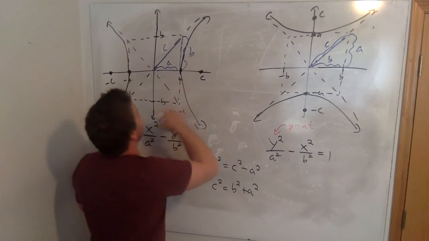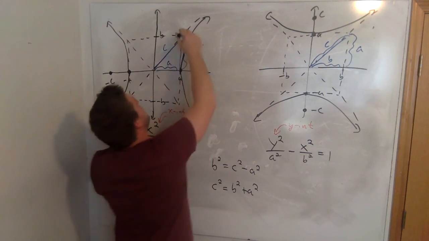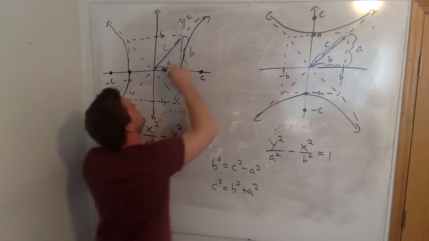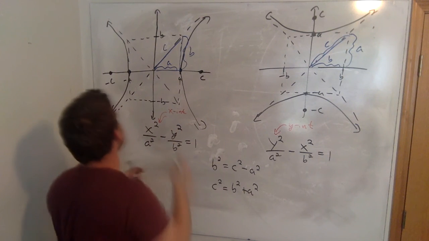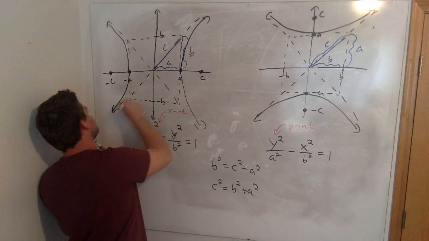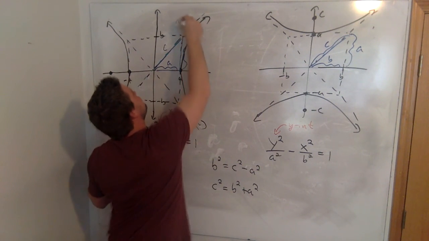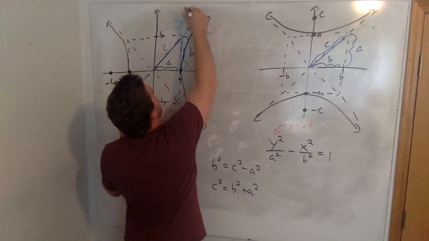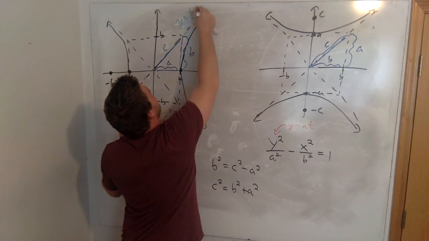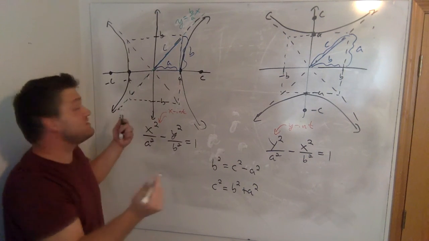We learned about the equations of the asymptotes. What will be the equations of these lines? Let's do it in green. This will be y is equal to, what's the slope of this line? Rise B, run A. Rise over run, so b over a times x. This other one will have the same slope, but negative.